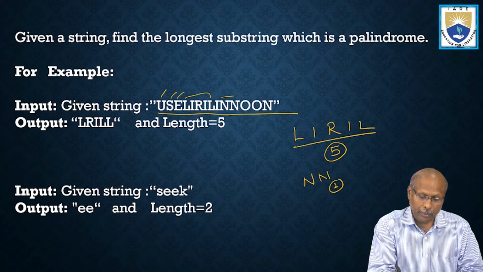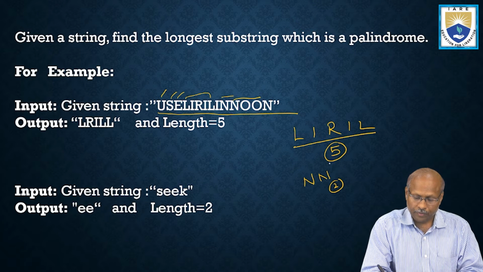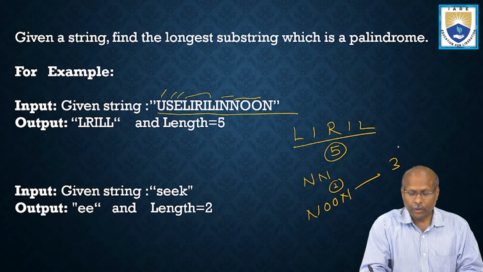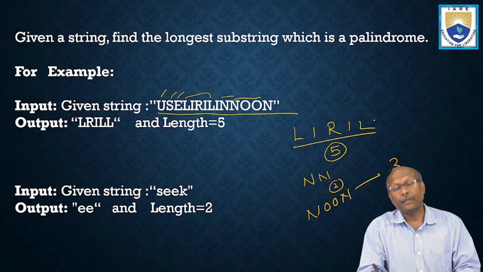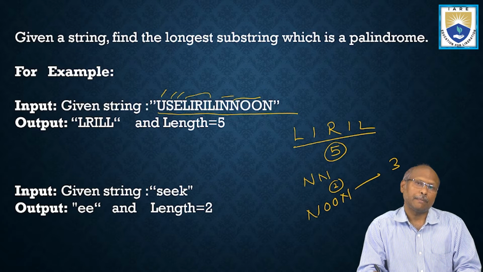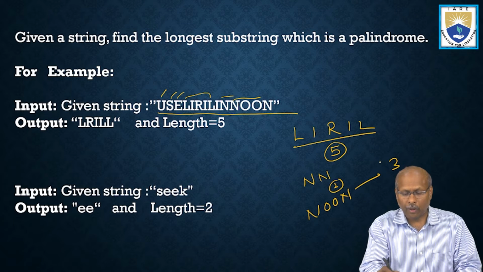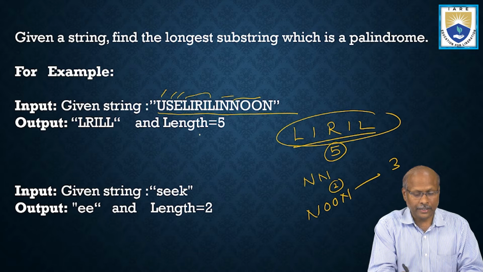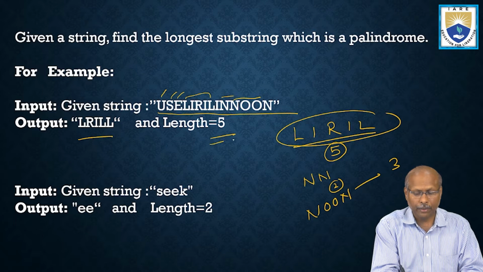And N, O, O, N, "noon", has length 4. So there are different types of palindromic strings here, but out of all, which one is the biggest? "Literal" is the biggest one. So the answer is "literal" and the length is 5.